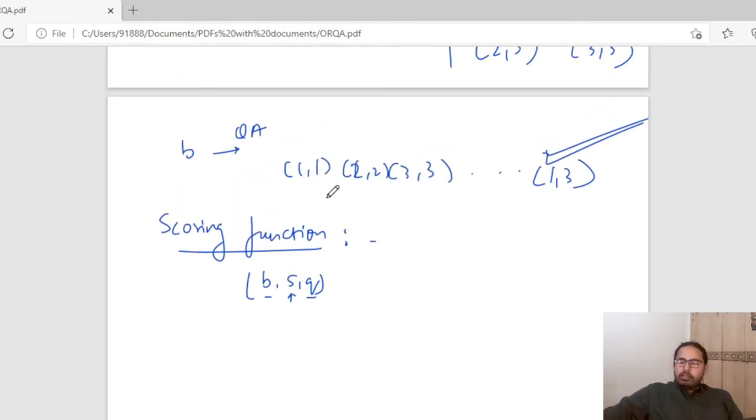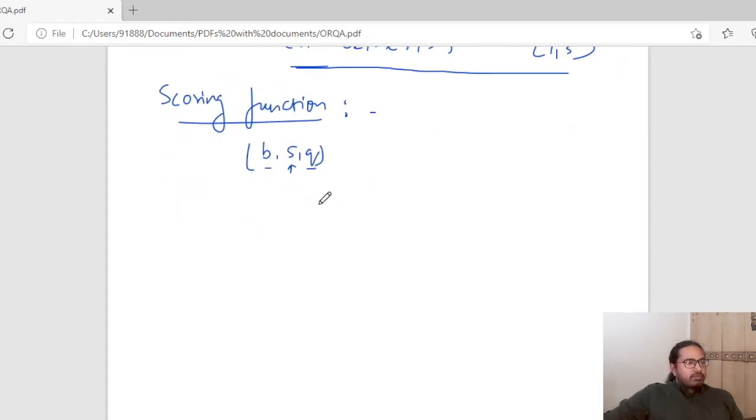When the model is predicting values for each of these spans, it must be giving some values, like logits: 2.3, 4.5, minus 10.9. This is the exact value the model gives, the logits for a particular span. So how is this value calculated in the model? We represent this as S(B, S, Q), and it shows how good this particular span is as an answer.